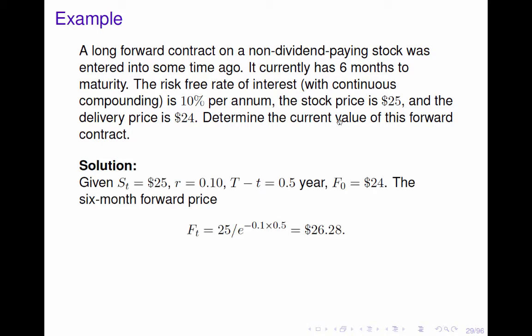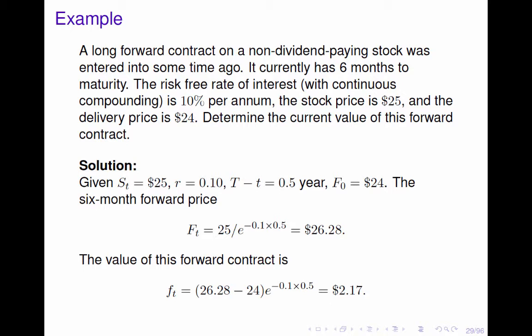First, we need to calculate the current forward price of the stock. Since the stock pays no dividend, its 6 months forward price is equal to the current price divided by the 6 months discount factor. Then, by the formula derived earlier, the value of this forward contract is the difference of the current forward price and the delivery price of the stock times the 6 months discount factor.